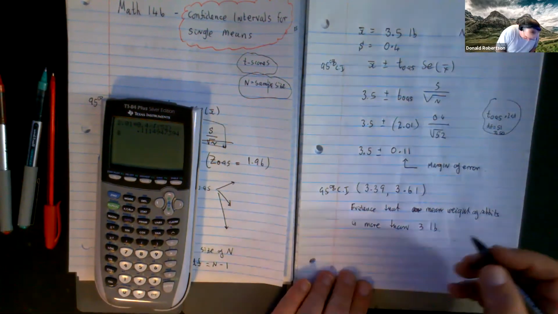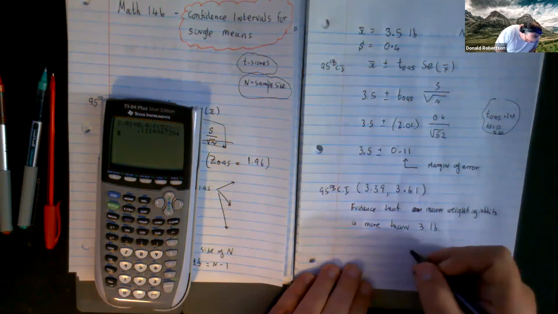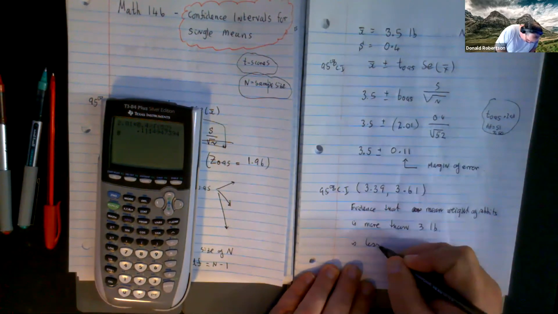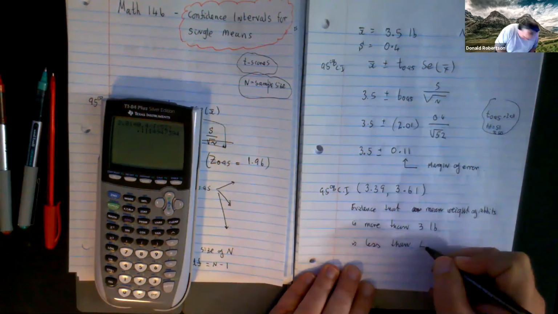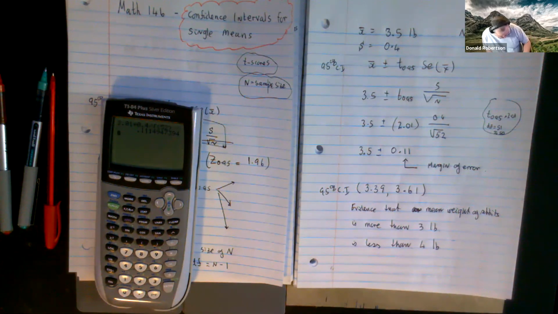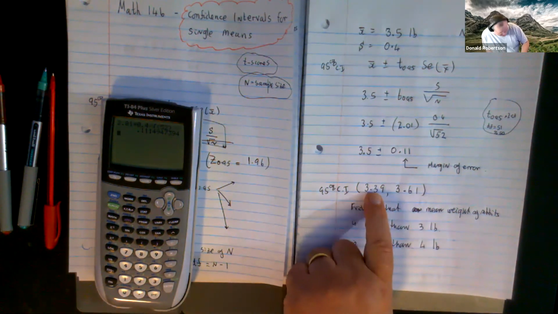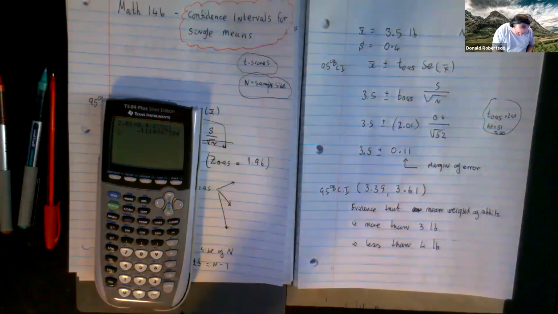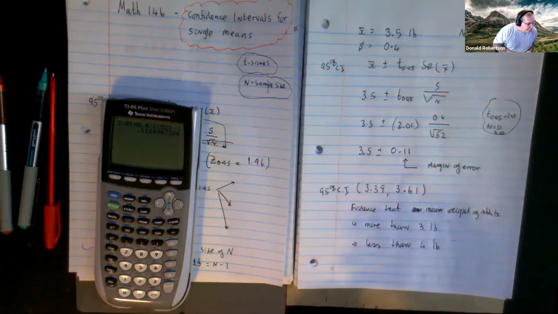I could also do it from the other perspective. Isn't it also true to say that the average weight is less than 4 pounds? If I wanted to tweak it, couldn't I say more than 3.3 and less than 3.6 if I wanted to crunch it down? But I'm picking nice big round numbers.